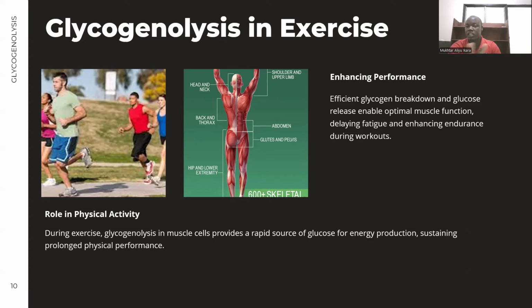If there is efficient glycogen breakdown, there will be efficient release of glucose, which makes the muscles function perfectly without delay. And this leads to enhanced endurance during the workout. During exercise, glycogenolysis in muscles provides a rapid source of glucose for energy production, sustaining long physical performance.